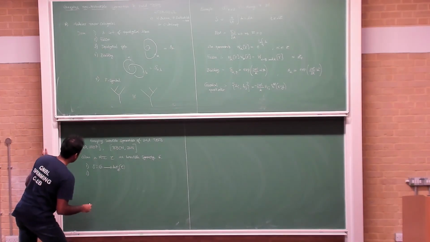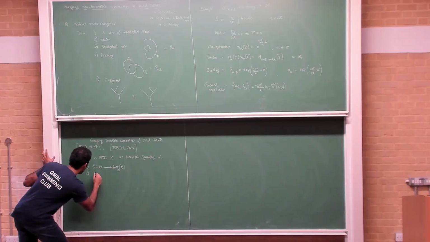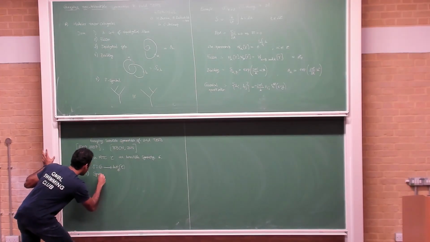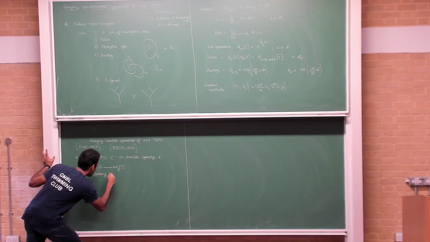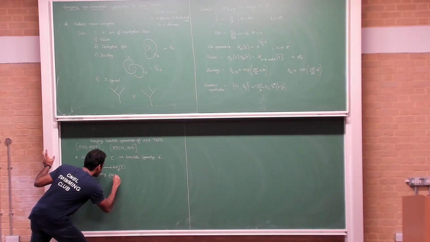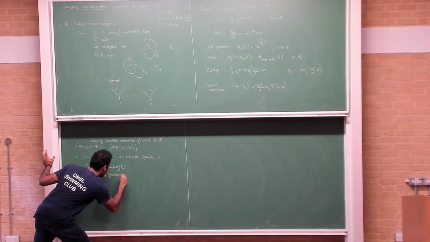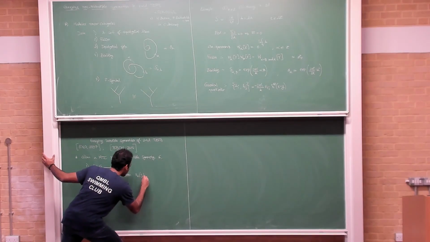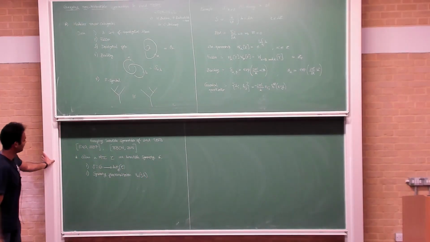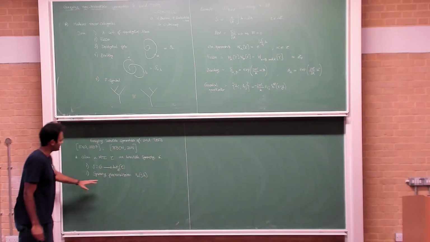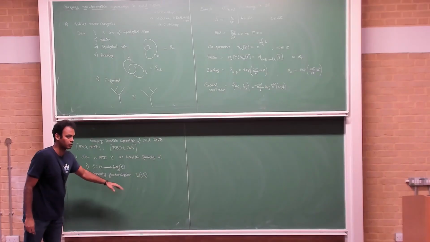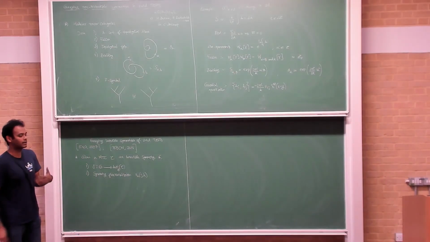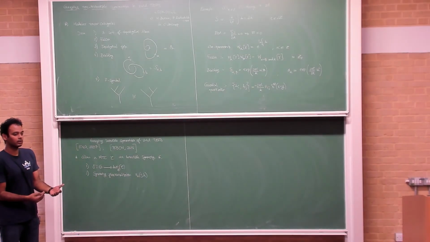And then the second one is something called a fractionalization. Symmetry fractionalization is just another word for how symmetry acts on your TQFT.